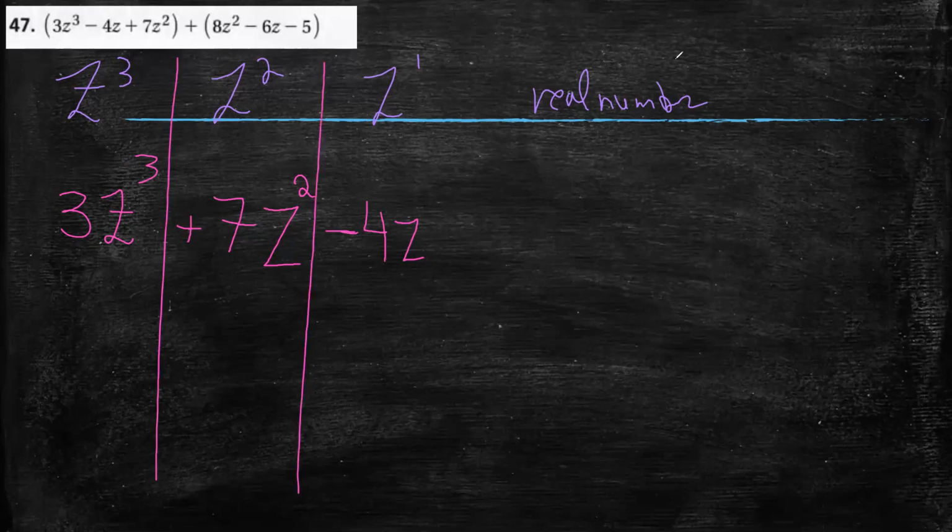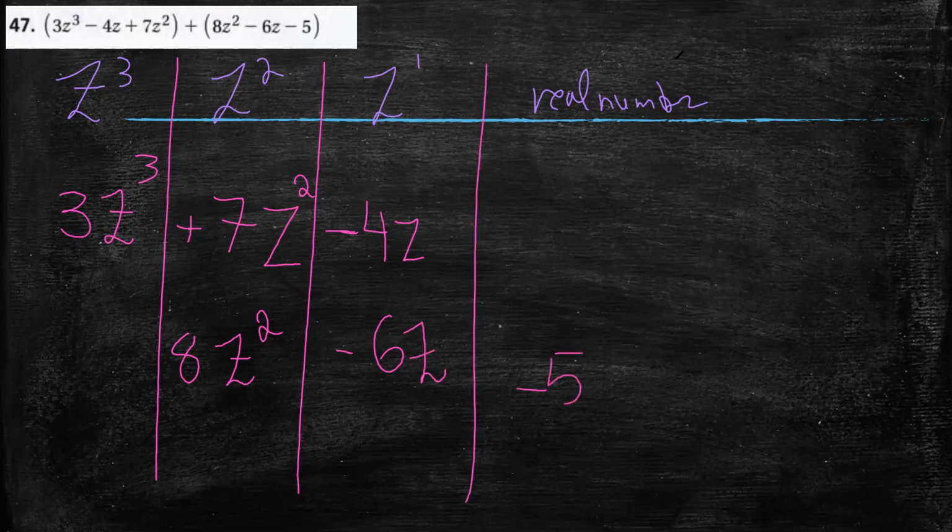Then the second step, 8z squared. Oh, no, sorry. I have to write it down. 8z squared under the z squared, minus 6z, minus 5. Then 3z cubic plus 0, so 3z cubic, is it right?